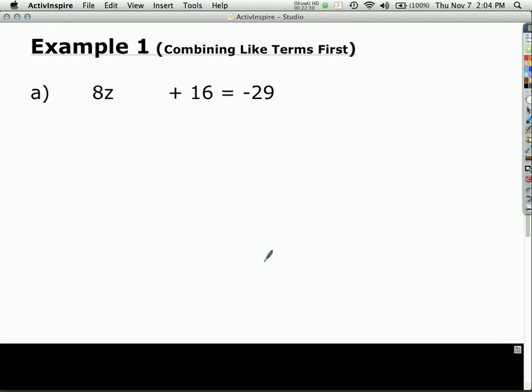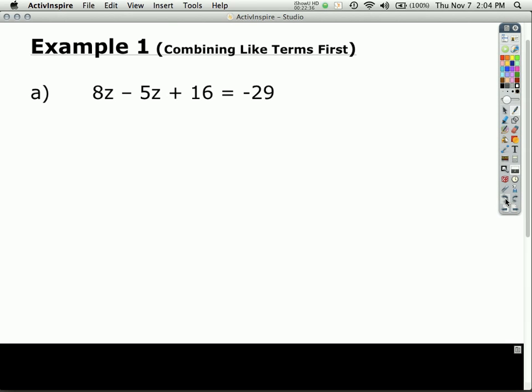So the question is, how do we get it from this into something that looks more comfortable for us? So the phrase of the day: simplify, then solve.